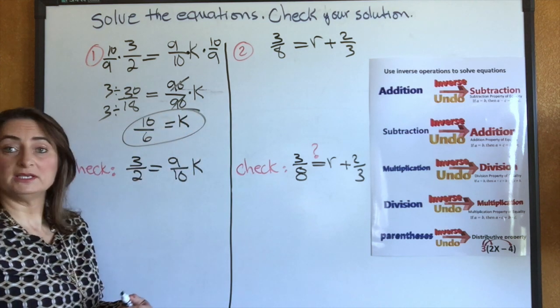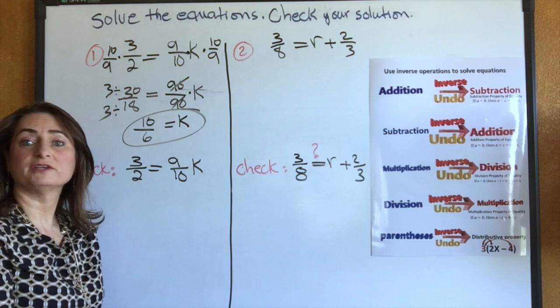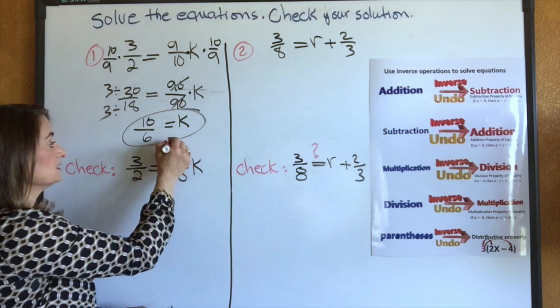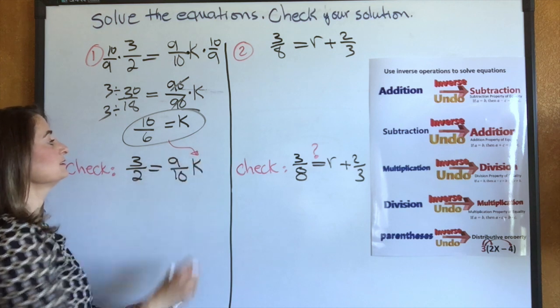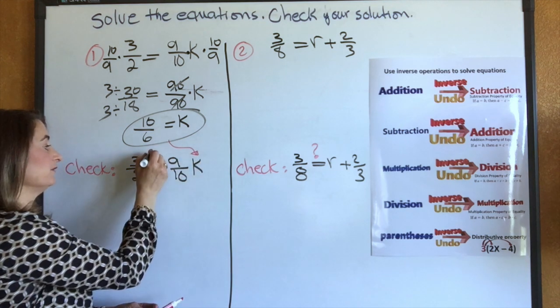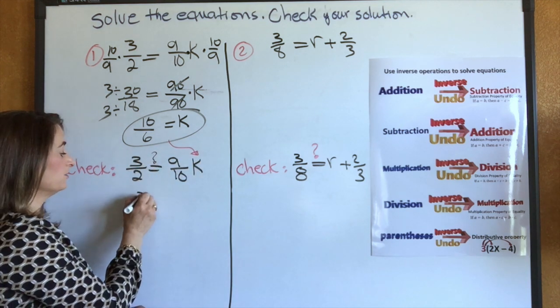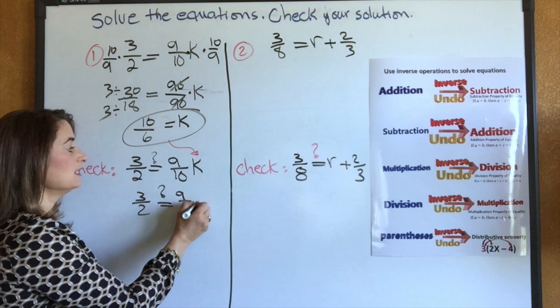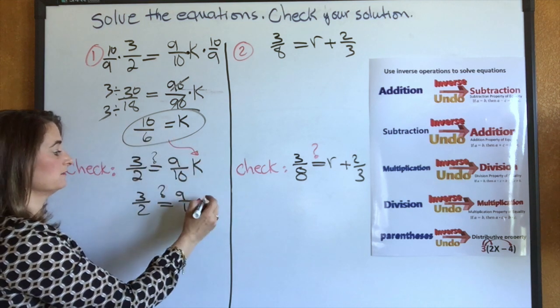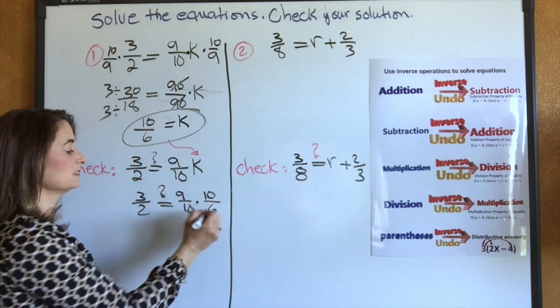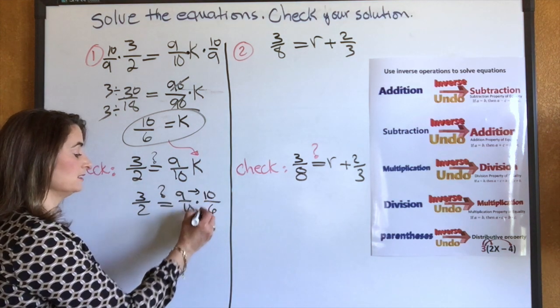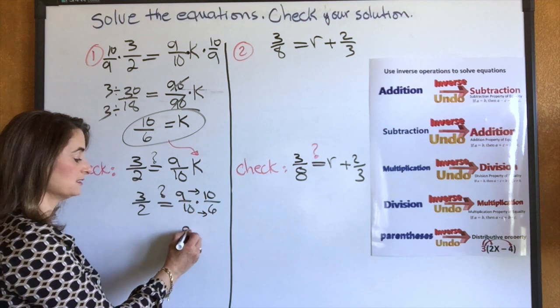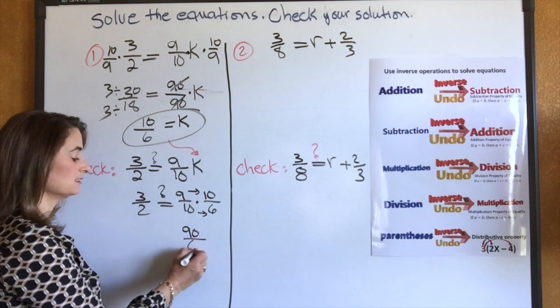Now check to see. That means I need to substitute the value of k with the solution. Substitute k with 10/6 and see if it works. So there's a question mark. 3 over 2, does it equal 9/10 times 10 over 6 instead of k? Let's multiply fractions across and then simplify. 9 times 10 is 90, and 10 times 6 is 60.